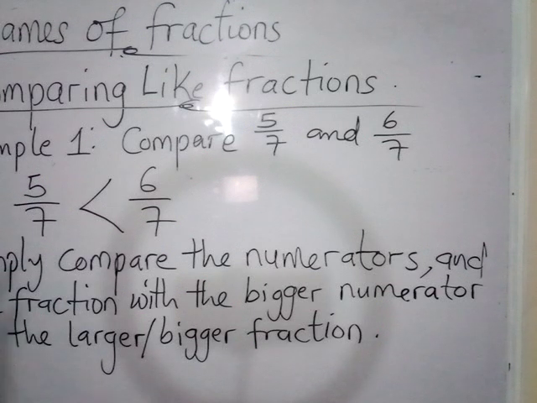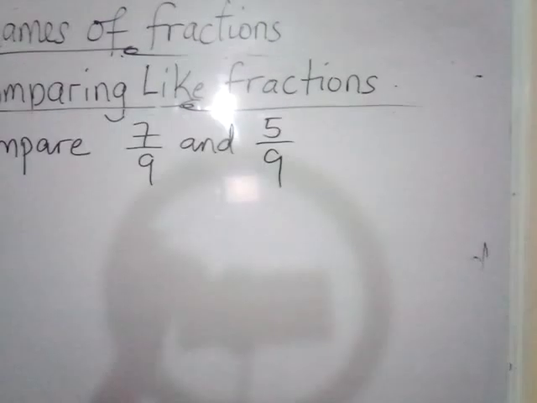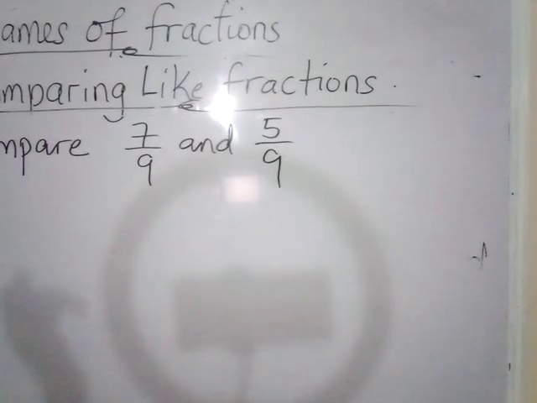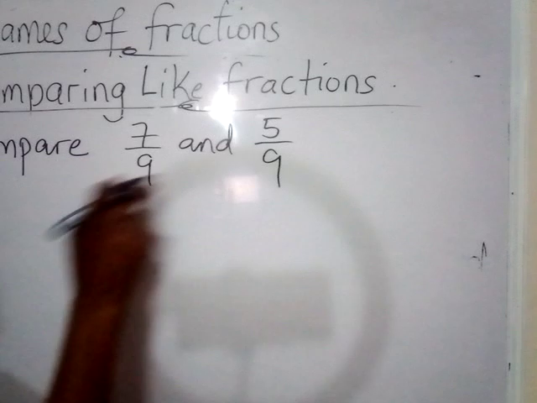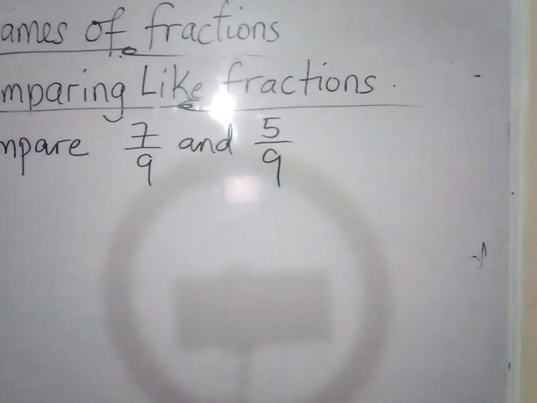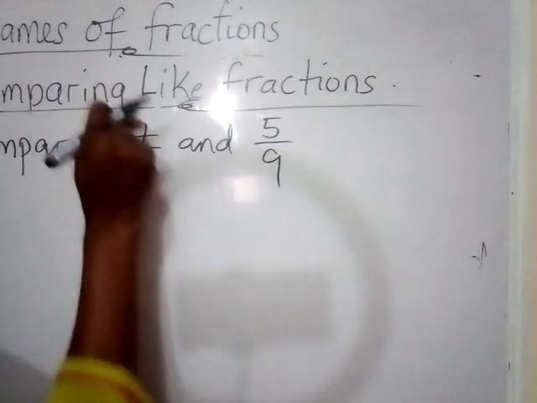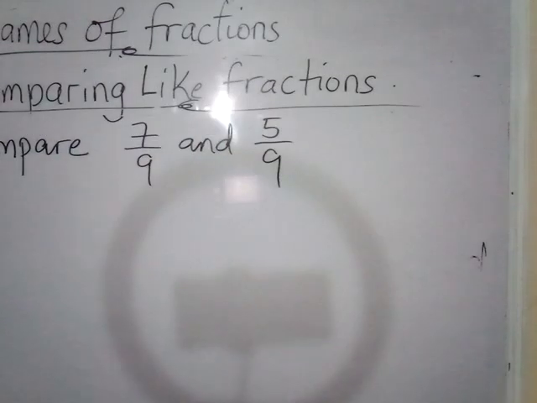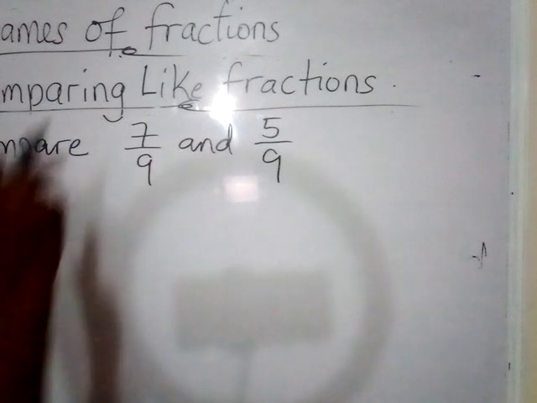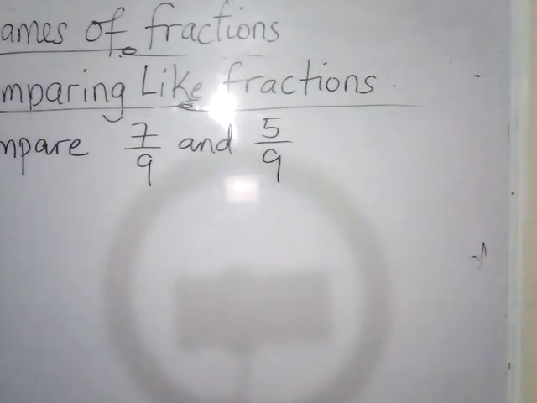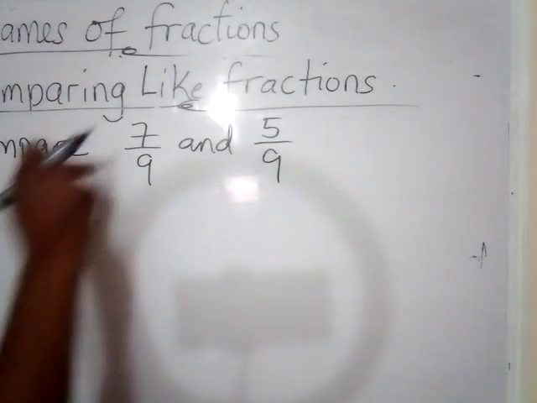Let's take a second example before we check something else. The next example is 7/9 and 5/9. 7/9 is 7 out of 9, and 5/9 is 5 out of 9 portions. We're going to look at which of these is larger. Remember, since both have the same denominators, you simply look at their numerators, the numbers at the top.